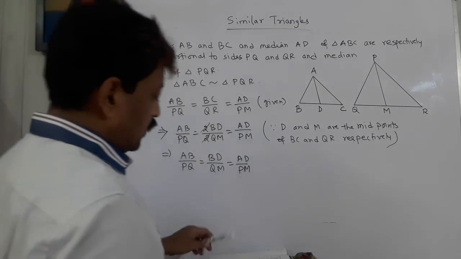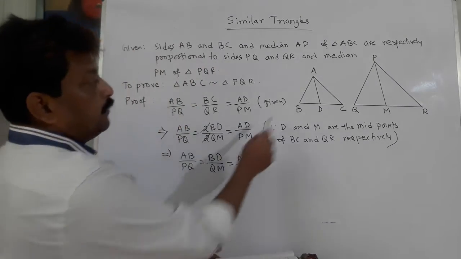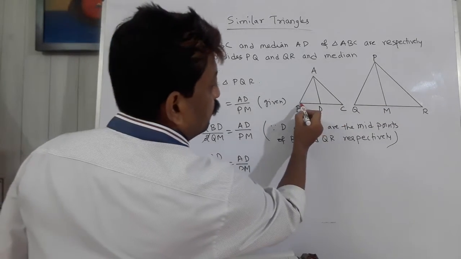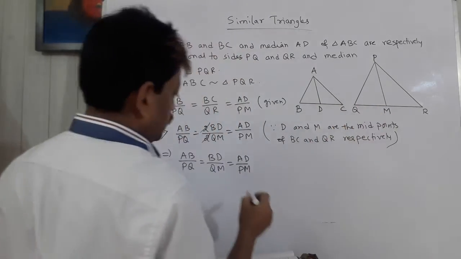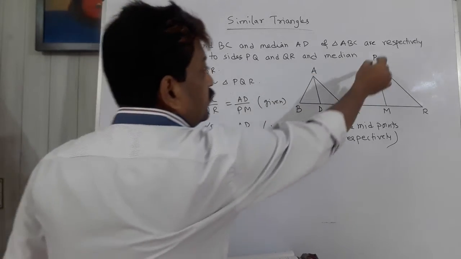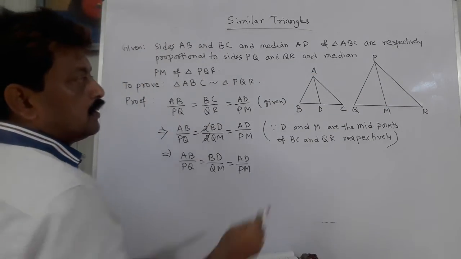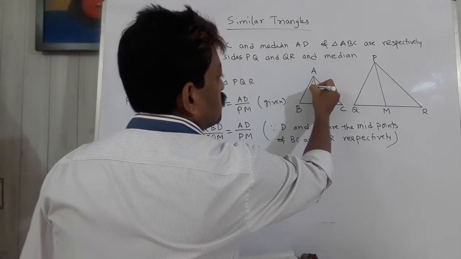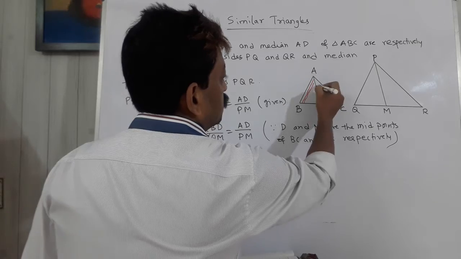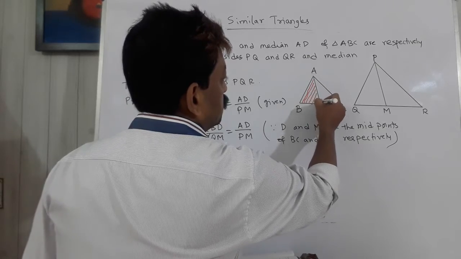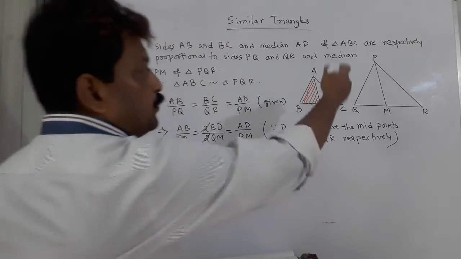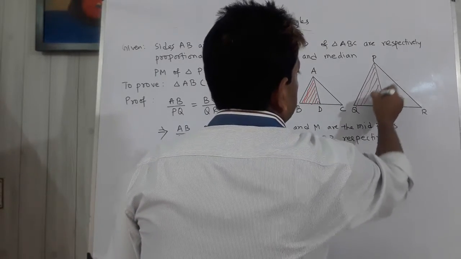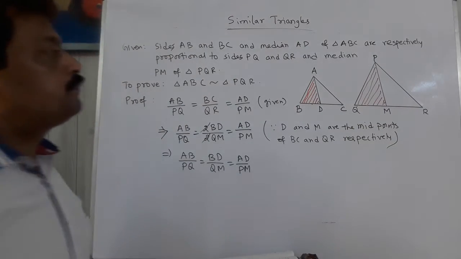So see what we have proved. AB upon PQ is equal to BD upon QM is equal to AD upon PM, meaning the three sides of triangle ABD are respectively proportional to the three sides of triangle PQM.